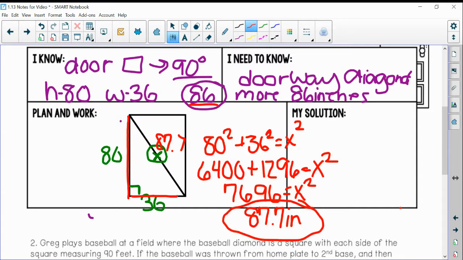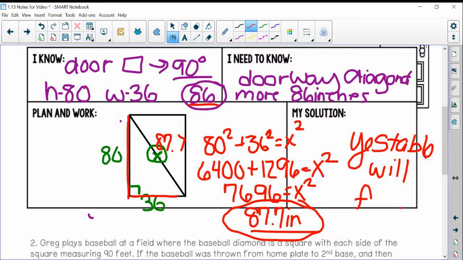So my solution is that yes, the table will fit, because it only needed to be 86 inches, but we got 87.7. Yes, the table will fit with room to spare.